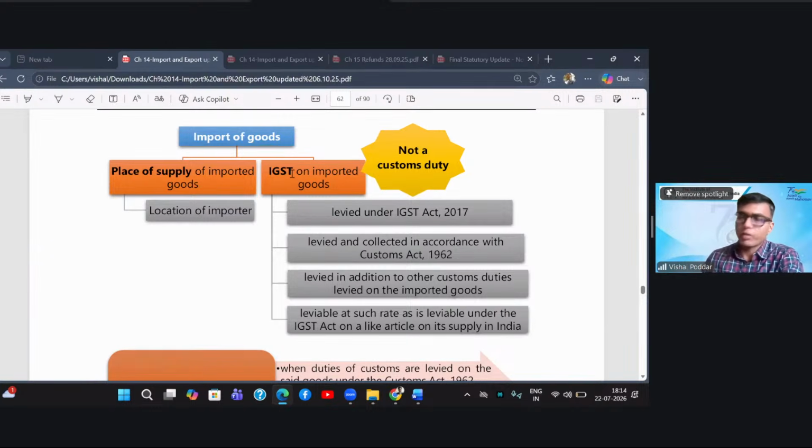So keeping in mind all this, only for the sake of administrative convenience, the collection is shifted to the customs provision, and section 5(1) proviso of the IGST Act says that all provisions of the Customs Acts shall apply, including levy, collection, valuation, time of supply, everything.